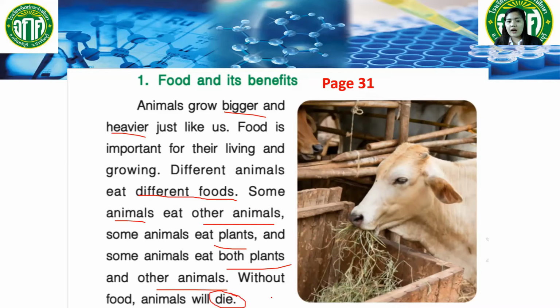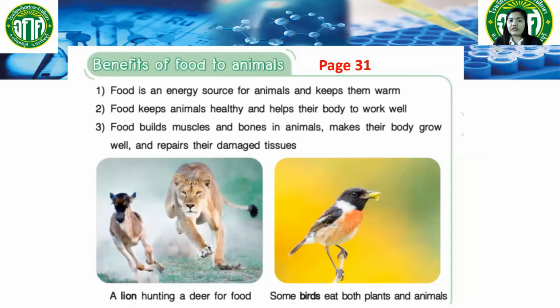Here we have the benefits of food to animals, on the same page, page 31. Number one, food is an energy source for animals and keeps them warm. It is where the energy is coming from, and it will keep them warm.